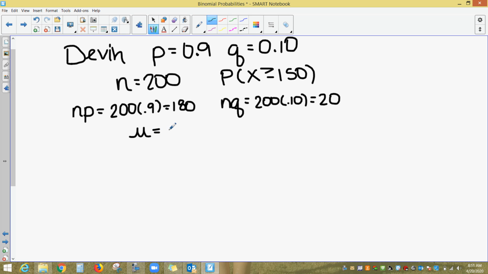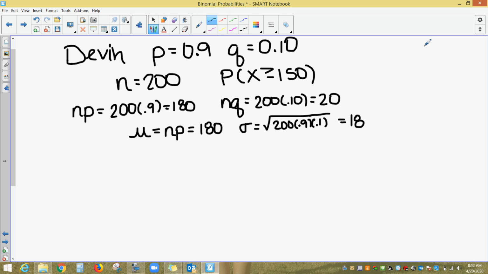We need to find the mean of this distribution, which is n times p, the 180 we found before. We need to find sigma, which is the square root of n times p times q. So 180 times the 10th is going to be 18.